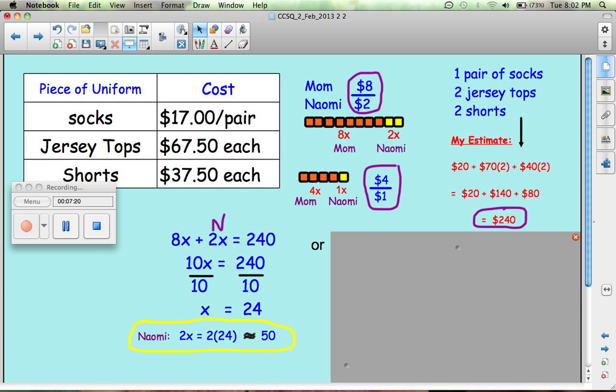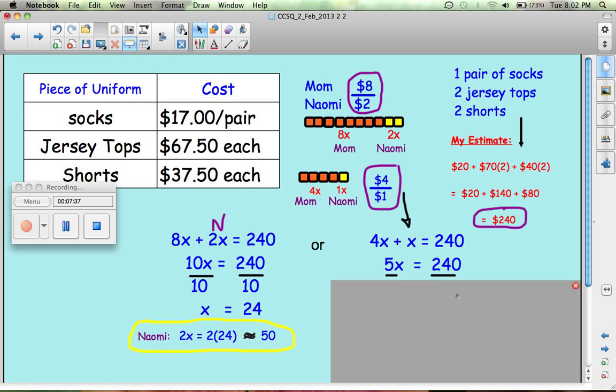Now, if you want to use your unit rate, your reduced ratio, you can do that same process, setting up your equation, only instead of 8x and 2x, you'd use, you got it, 4x and 1x, or just 4x and x. And that would give you 5x. And when we set it equal to 240, we end up dividing both sides by 5 to go backwards to figure out what x is.